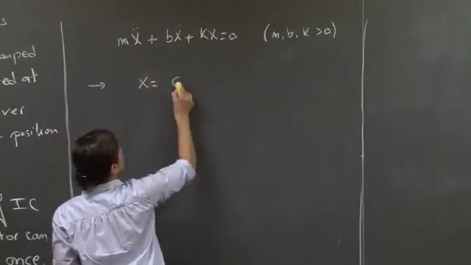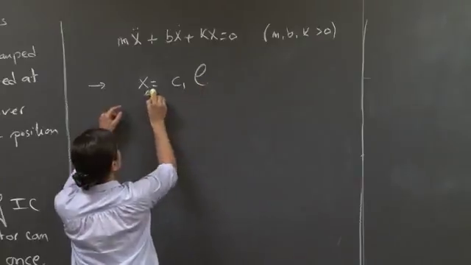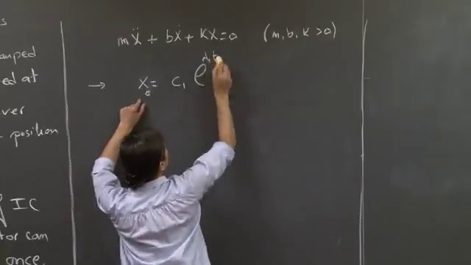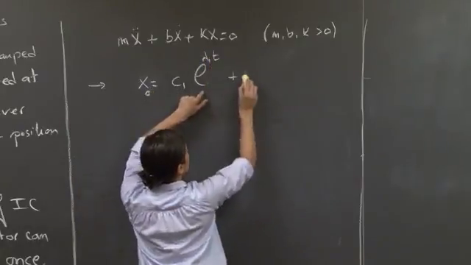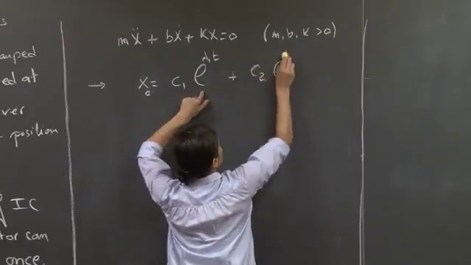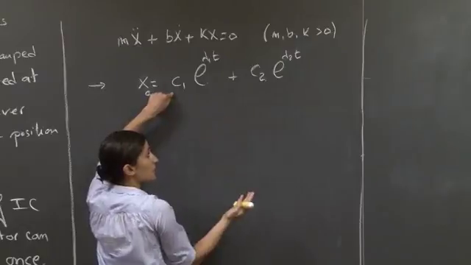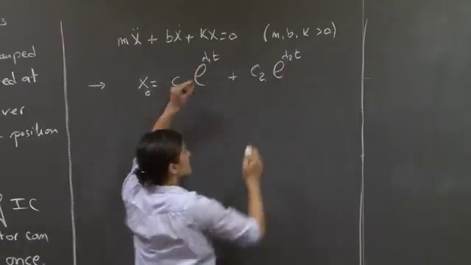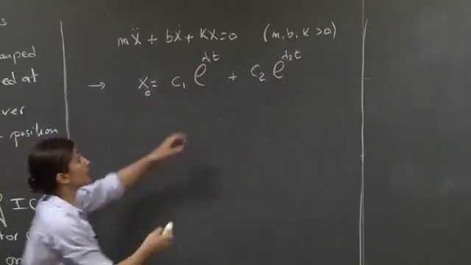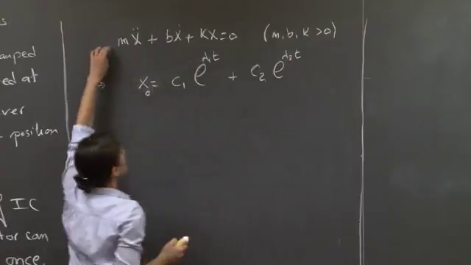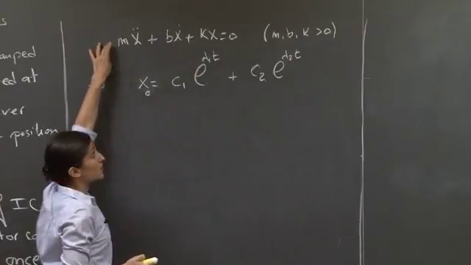The general solution would just be written in the form of C1 exponential lambda 1 t plus C2 exponential lambda 2 t, with C1, C2 just two constants that would be determined by the initial condition. Lambda 1, lambda 2 would be here the roots of the characteristic polynomial that you would have found there.